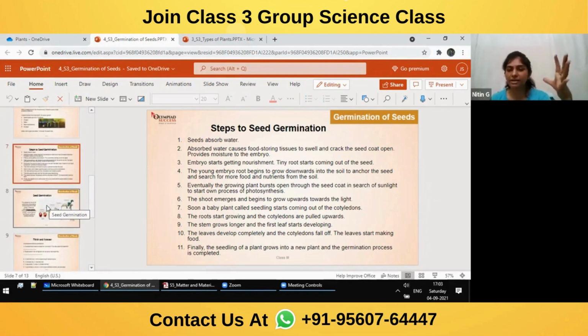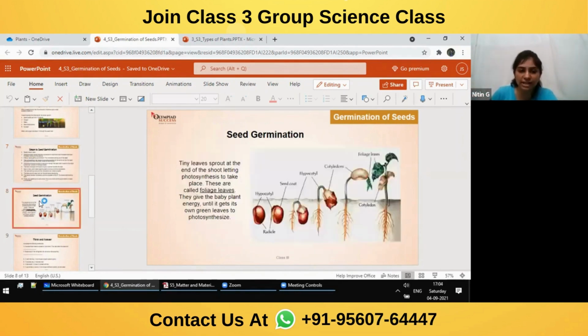The baby plant and cotyledons are getting air and water through the seed coat. Later, the seed coat bursts open, first the roots come out and then the shoot. As the shoot grows, new leaves come and they start to photosynthesize, taking in carbon dioxide.